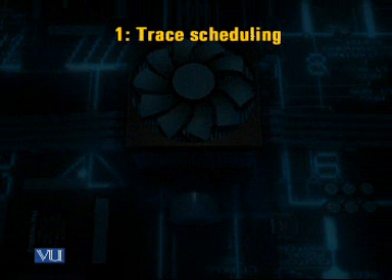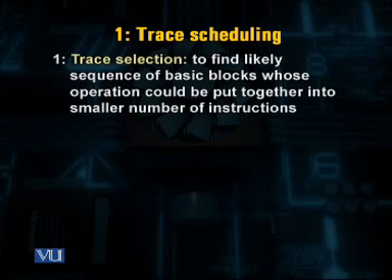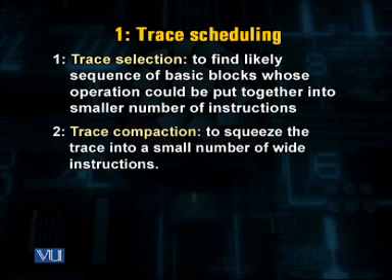The trace scheduling can be carried out in two steps. The first step is known as the trace selection, and the second step is known as the trace compaction.